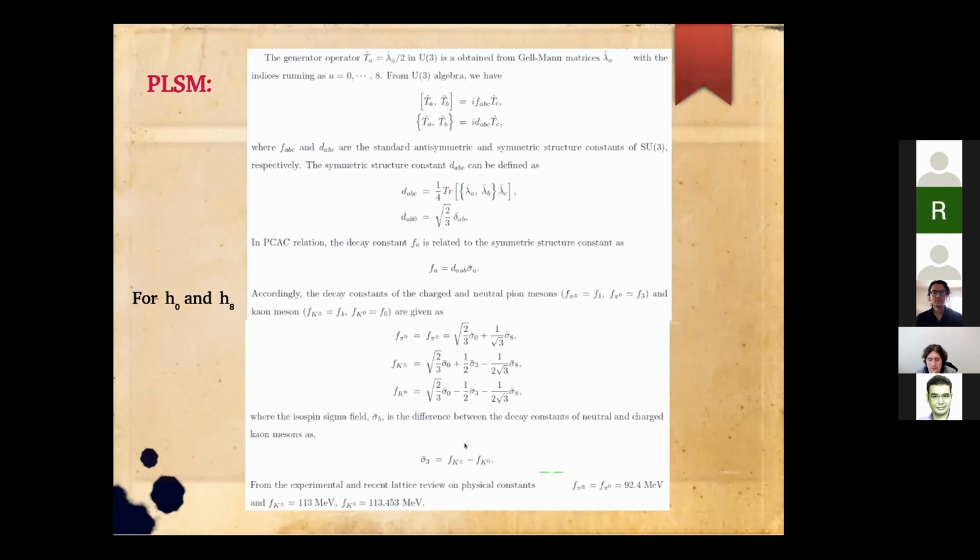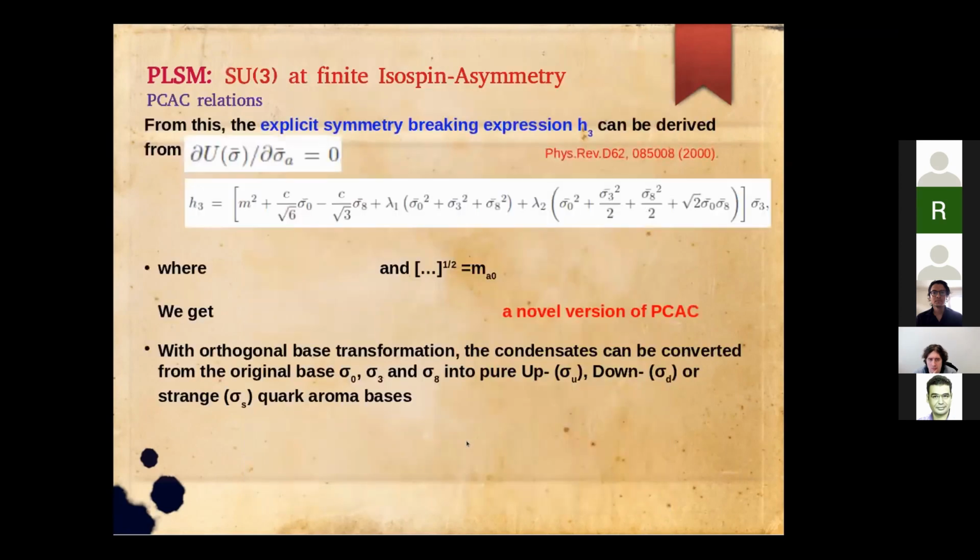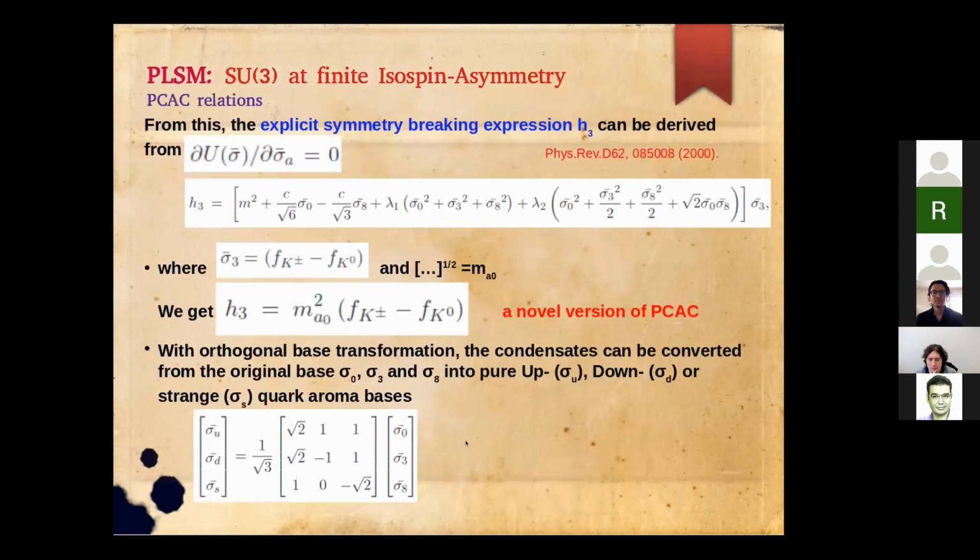This is our theory to estimate the PCAC for the isospin asymmetry. When we do this, we get something like this. This is our main result: H3 equals m_a0 squared multiplied by F_K+ minus F_K0.